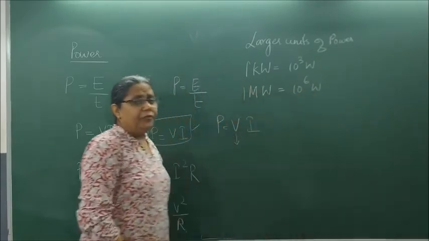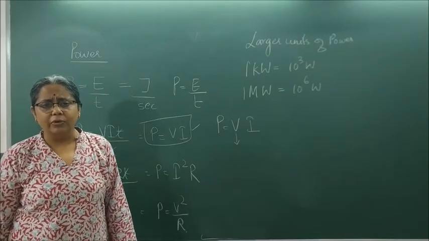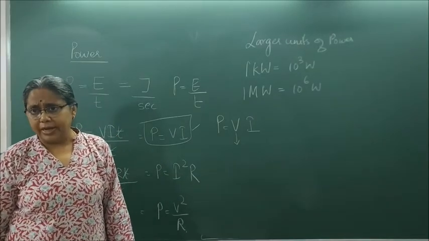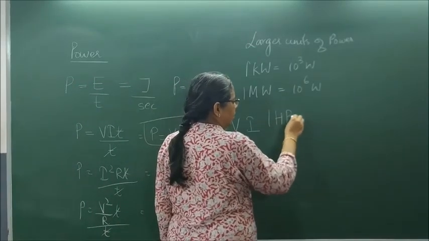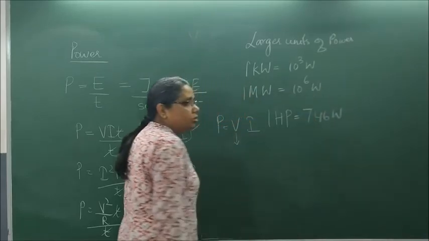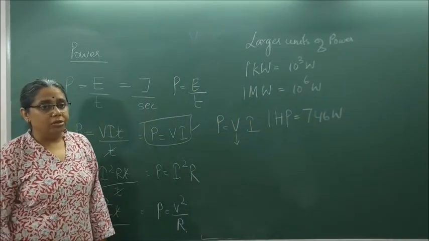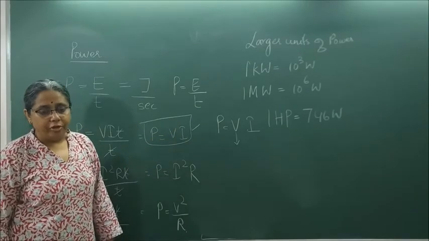And if you go and see your motors and all, it is sold under what unit? Horsepower, HP. So 1 horsepower is equal to what? 746 watt. So these are all larger units of power.